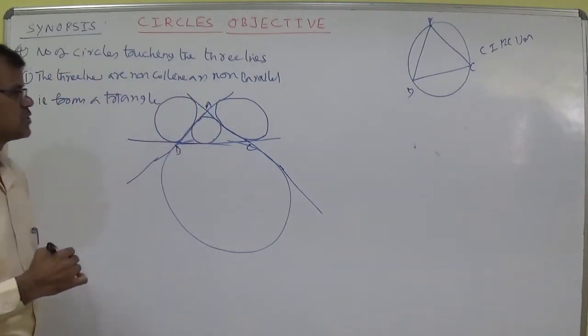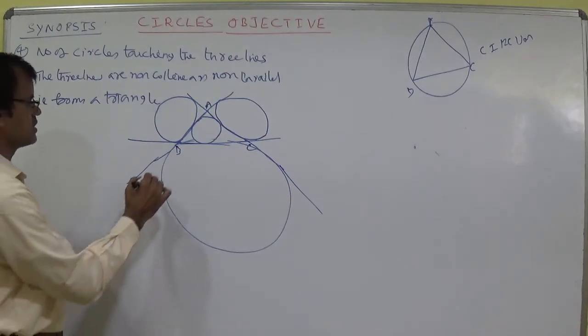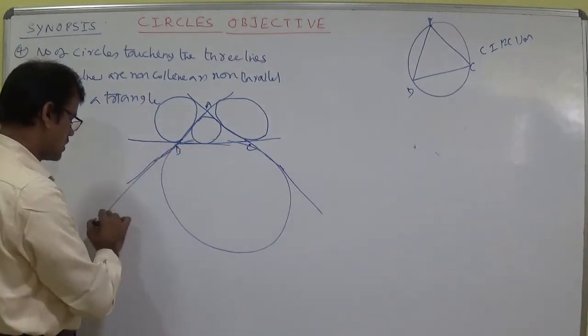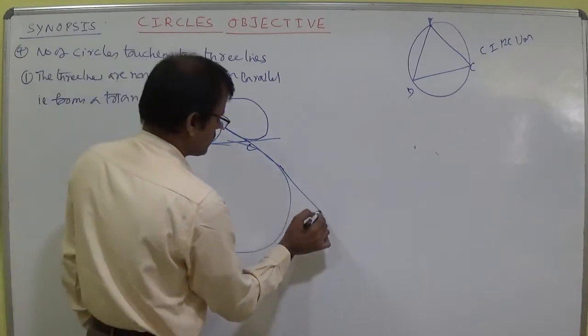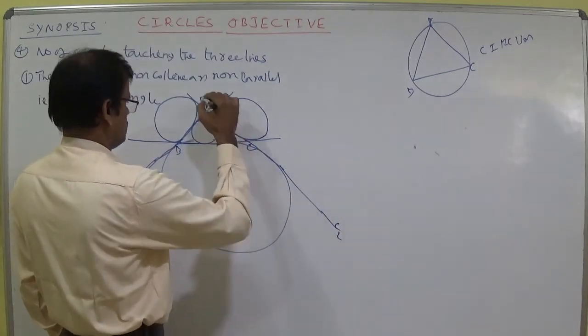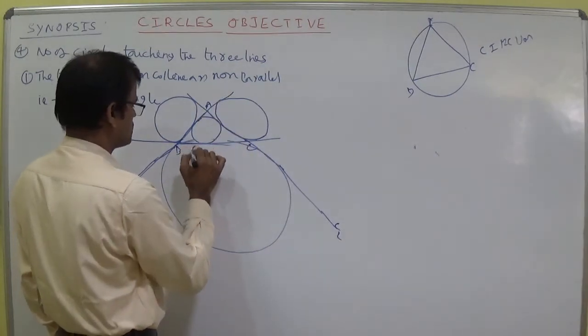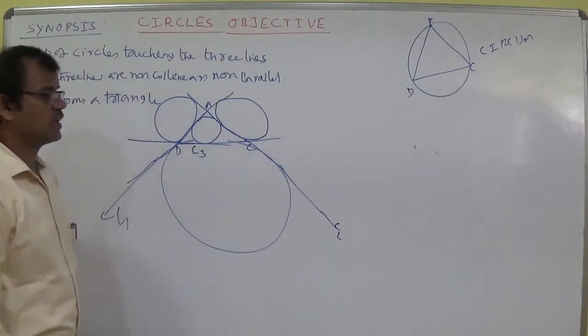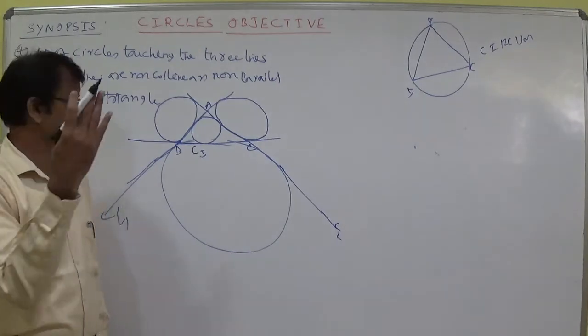So how many circles can you draw touching all the three lines? This is a line L1, this is a line L2, and this is a line L3. Touching the three lines L1, L2, L3, we can draw 4 circles.